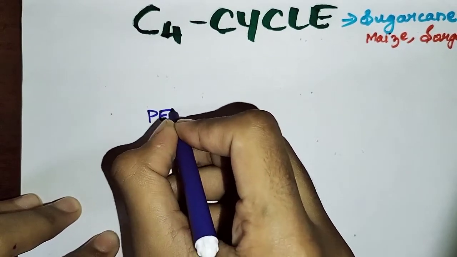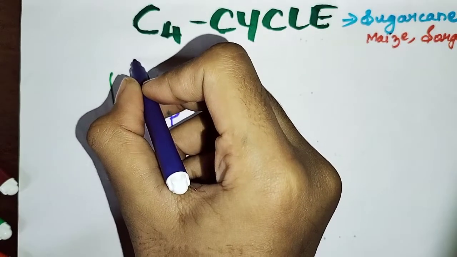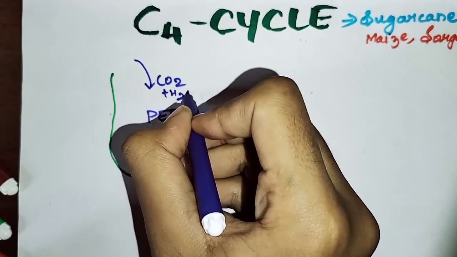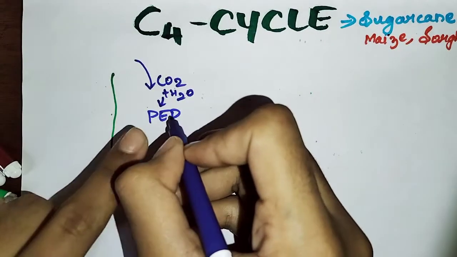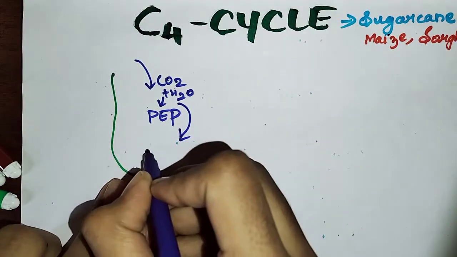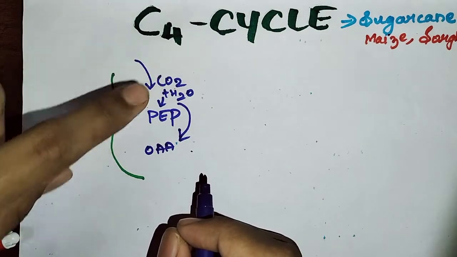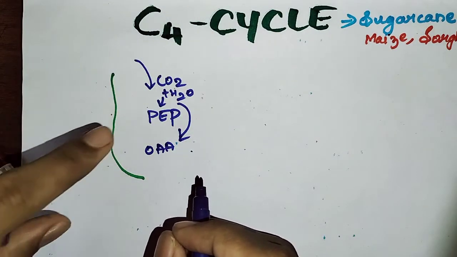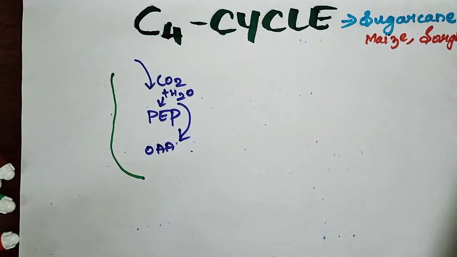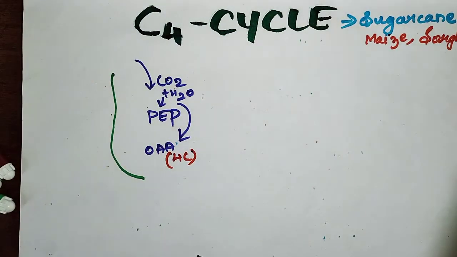From the atmosphere, one carbon dioxide comes with water and combines with this phosphoenol pyruvate, and we get oxaloacetic acid. This is a 4 carbon compound, so we name it the C4 cycle.